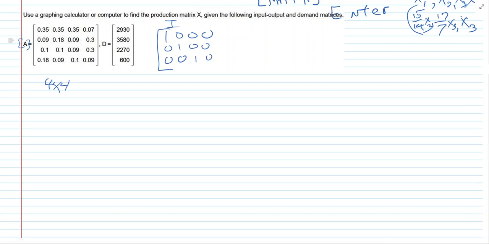It's 4x4. That's going to be our identity matrix, which is also a 4x4. And we want this to be our B. And then our demand is our C, which is a 4x1.